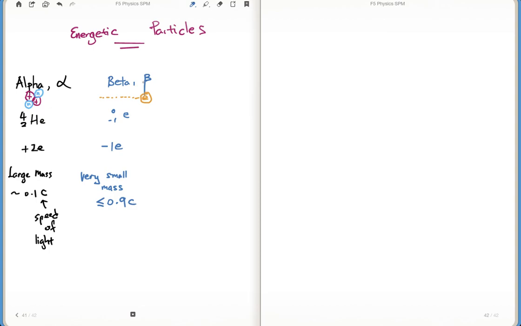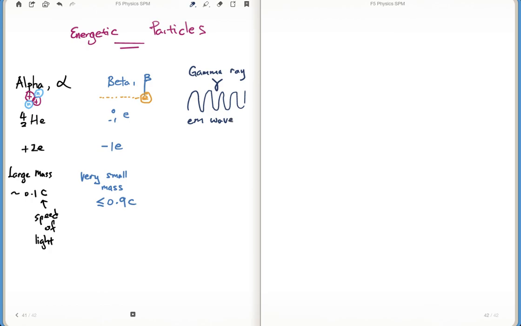Okay, alpha, beta, and the third one is called gamma ray. Gamma is different from alpha. Alpha goes to the left, gamma goes downwards. It's a high frequency ray, a very high frequency electromagnetic wave, EM wave.